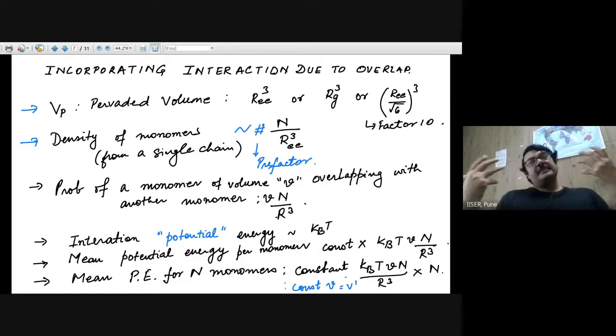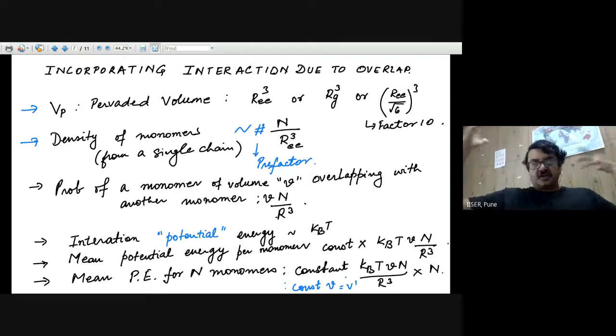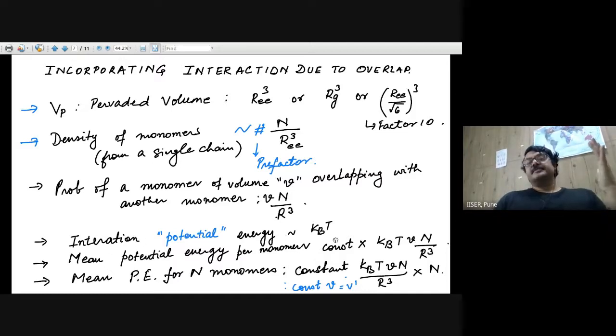But after that there will be enough repulsive force, so the particles will move away. The potential energy will again be converted to kinetic energy, and they are going to move and try out different conformations. So an estimate of the interaction potential energy per monomer is of the order of kBT.